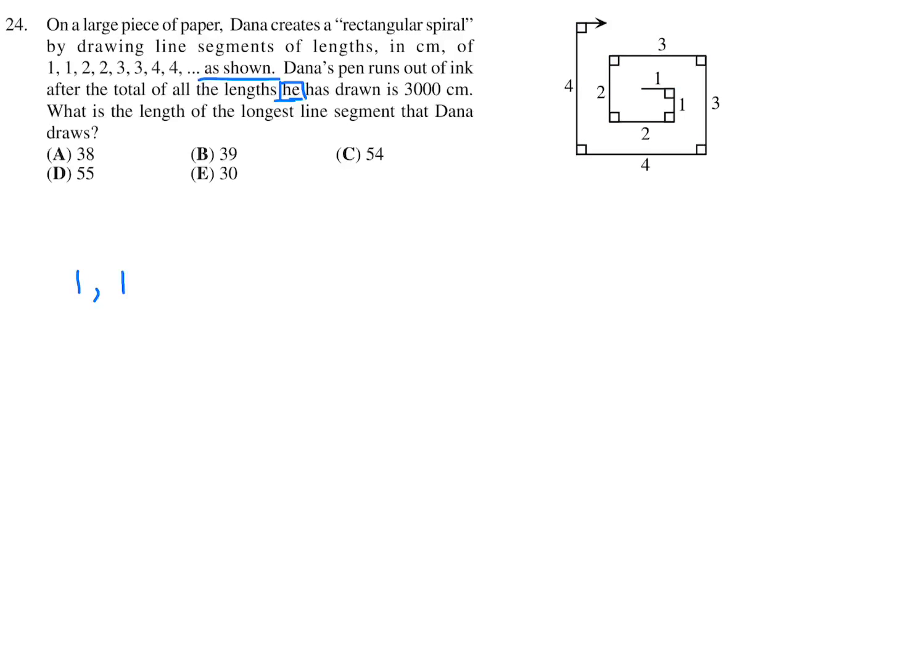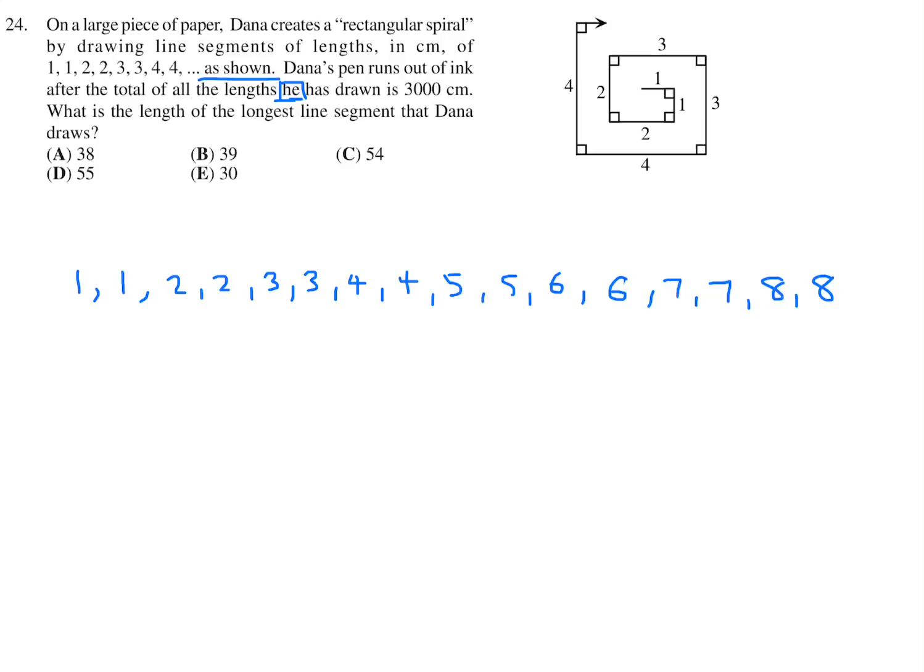So we assume it's 5, 5, 6, 6, but you can also see that from this diagram. If you go in that rectangular spiral type of path, it will increase by 1 each time. So it will be 6, 6, 7, 7, 8, 8, and so on.